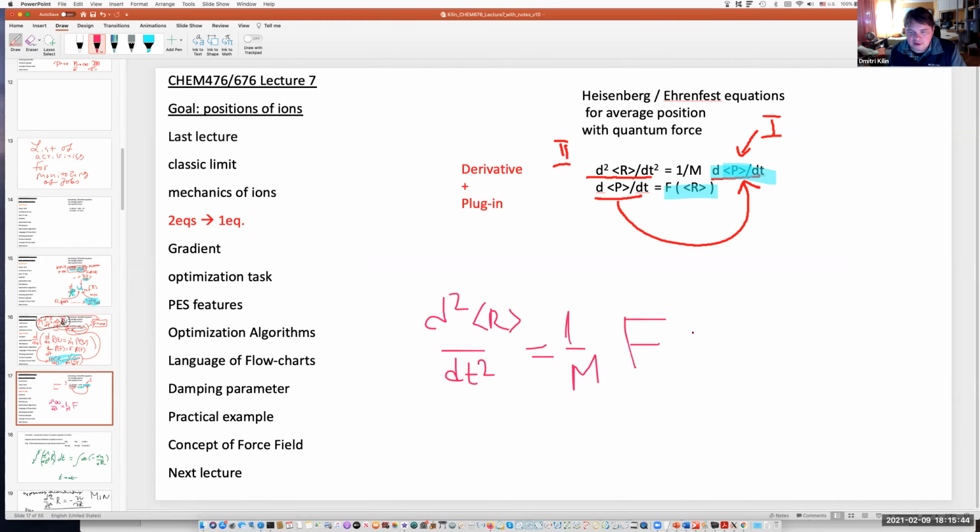Right? So it is the same as Newton equation of motion.